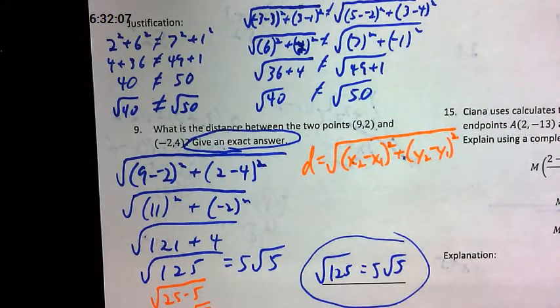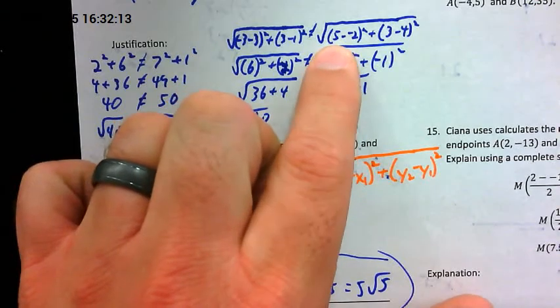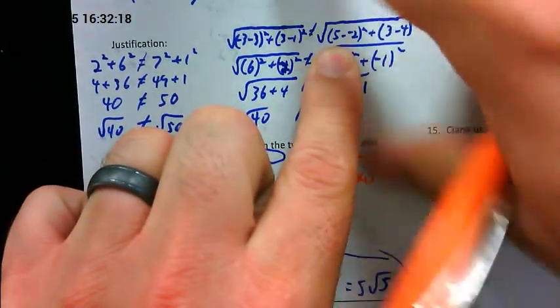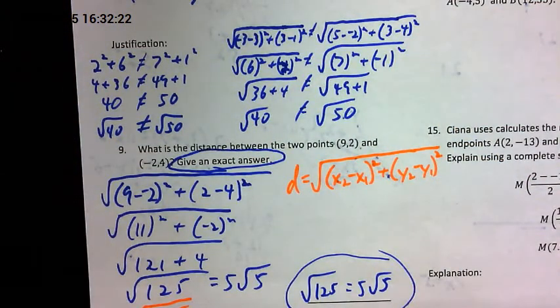Like back up here on this one, I actually switched them around. You'll notice my 5 and my 3 were not the two that went together for my coordinates, but it still works because the order doesn't really matter there because it's going to become a positive number.